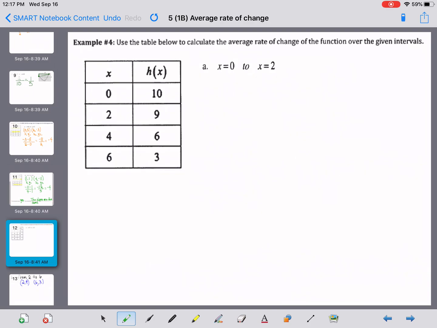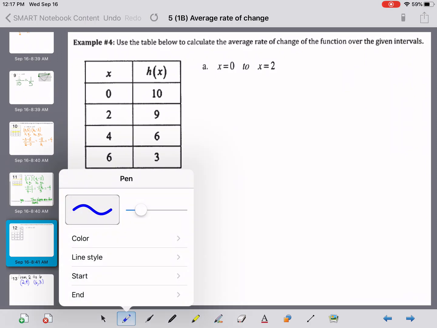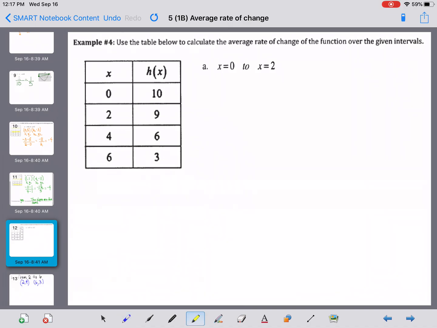Same idea as we look at this next one. This time we're going to use the table to calculate the average rate of change from 0 to 2. So we'll be using those two values.